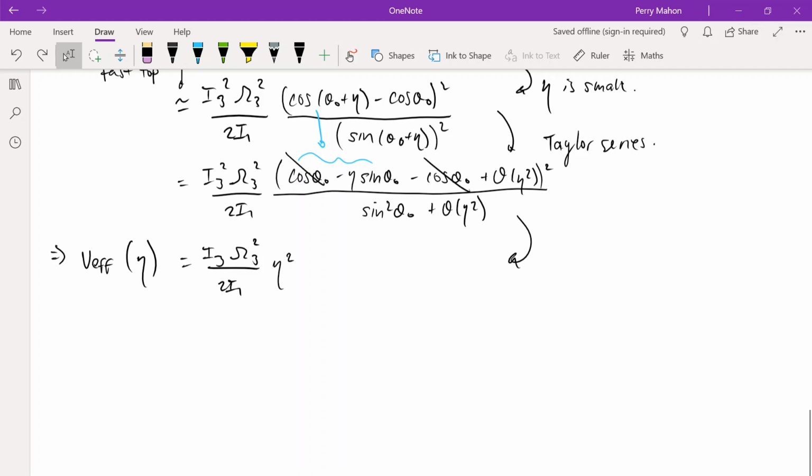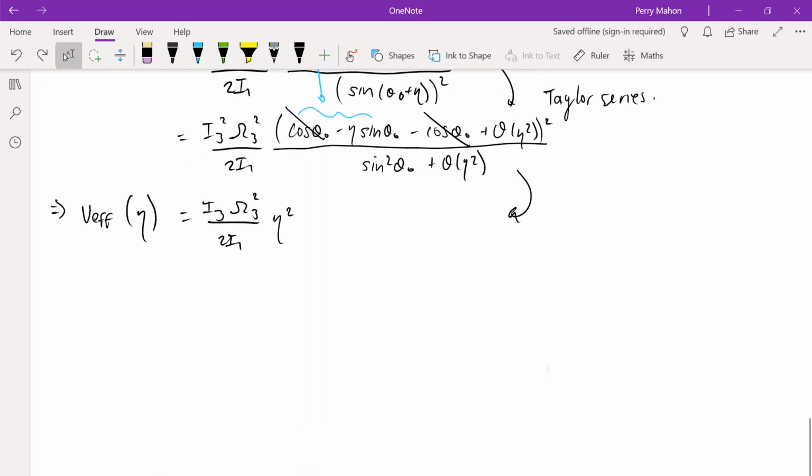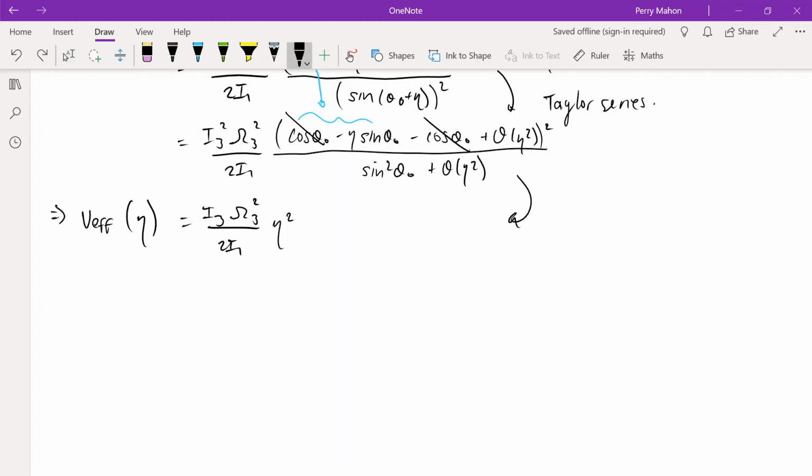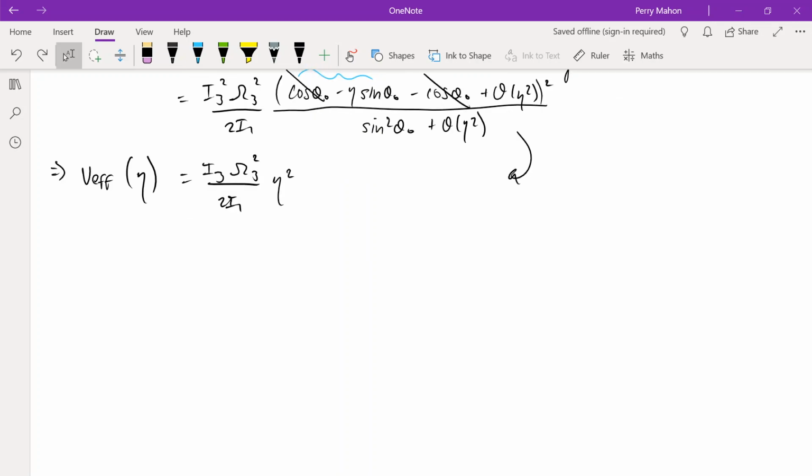Okay, so now we have a form for V effective, and now we just want to plug this into the equation of motion and see what happens to the equation of motion for theta. So the final thing that we want to notice is that eta double dot is equal to theta double dot, because theta naught is constant.